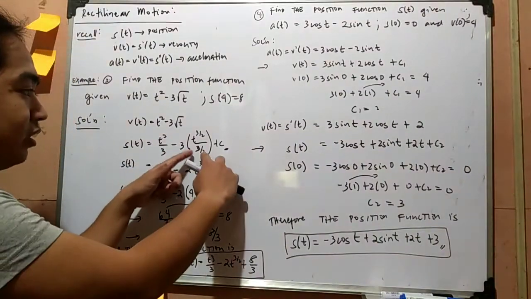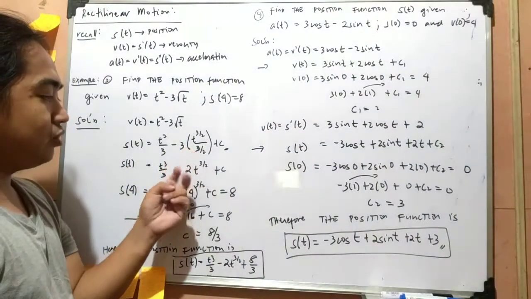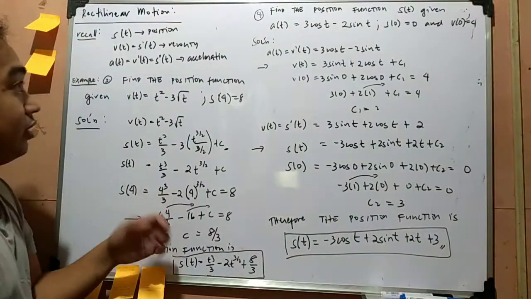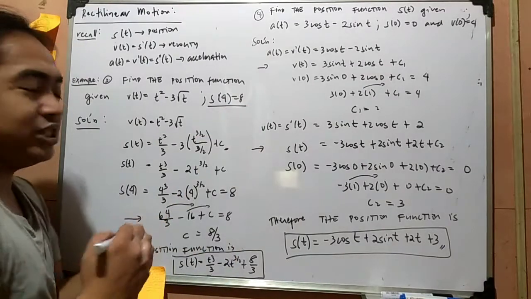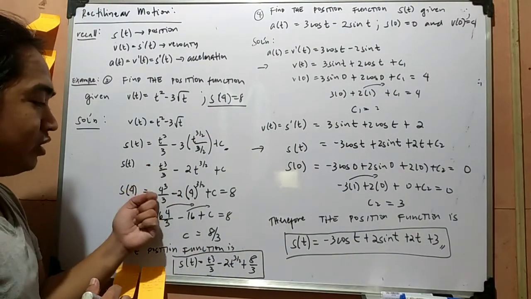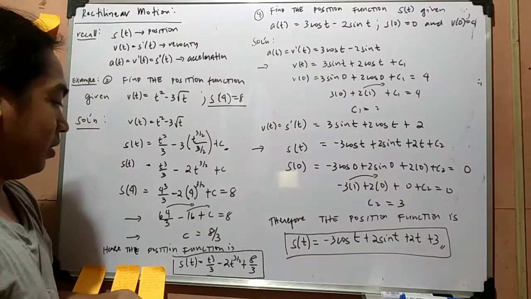Okay, so simplifying, we take the reciprocal of 3 halves, so we get 2 times t raised to 3 halves lang. And after that, the initial condition s of 4 is 8. So s of 4, pasok lang natin lahat ng t equals 4. Tapos equate natin siya sa 8. Okay?